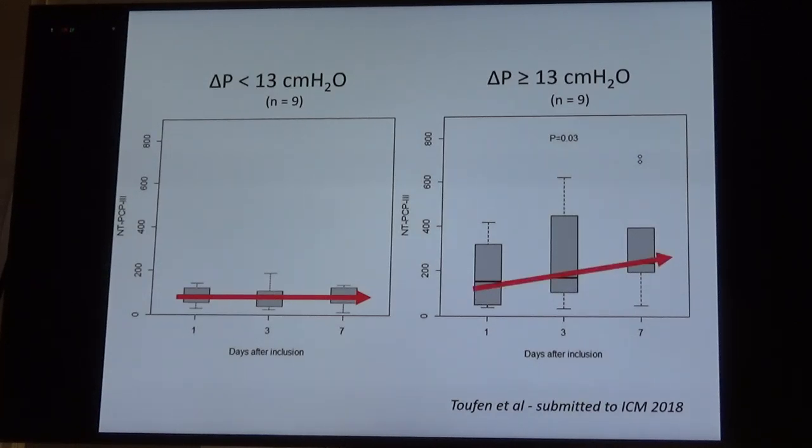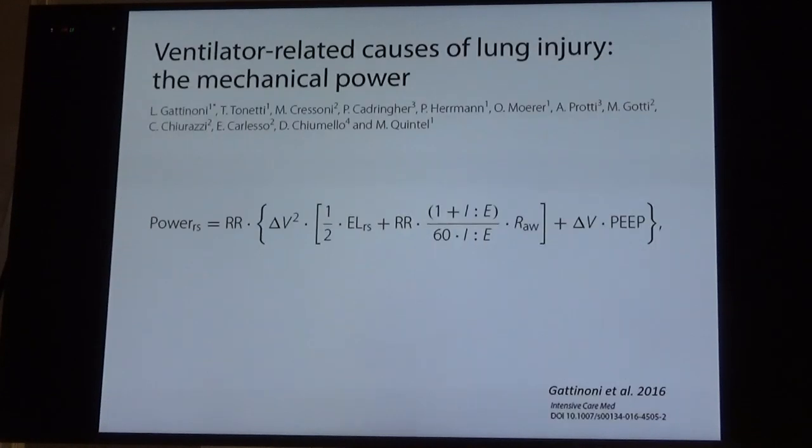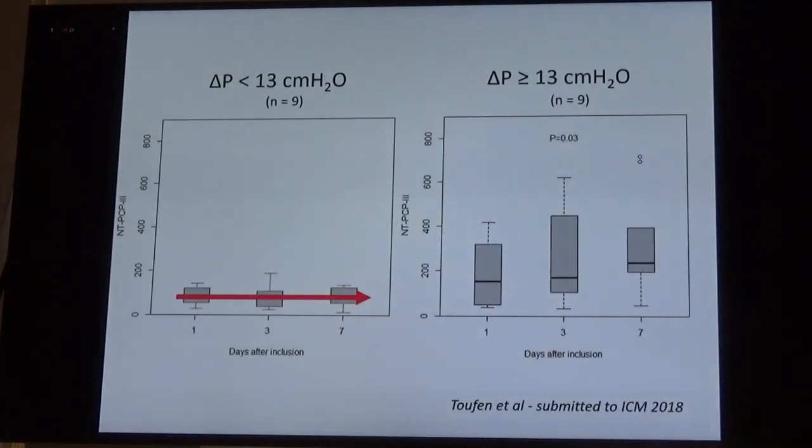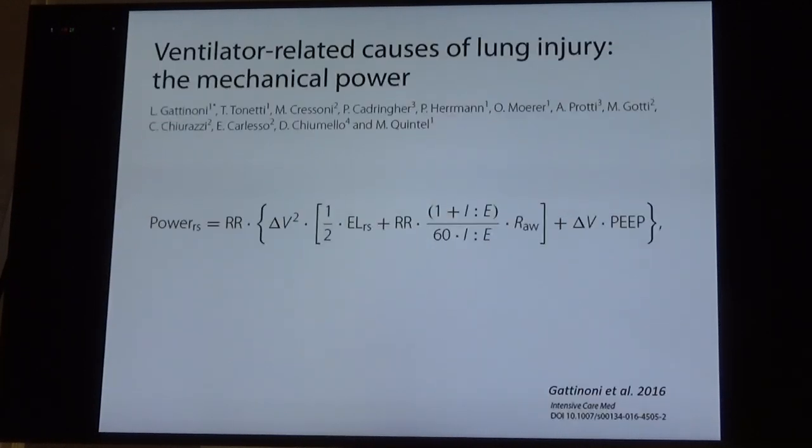But when driving pressure was higher, they developed lung fibrosis assessed by procollagen type 3, and this correlated with the vital capacity 6 months later. So it looks like the interstitial fibroblasts are sensitive to the driving pressure. And there was no correlation with tidal volume, no correlation with other ventilatory parameters.